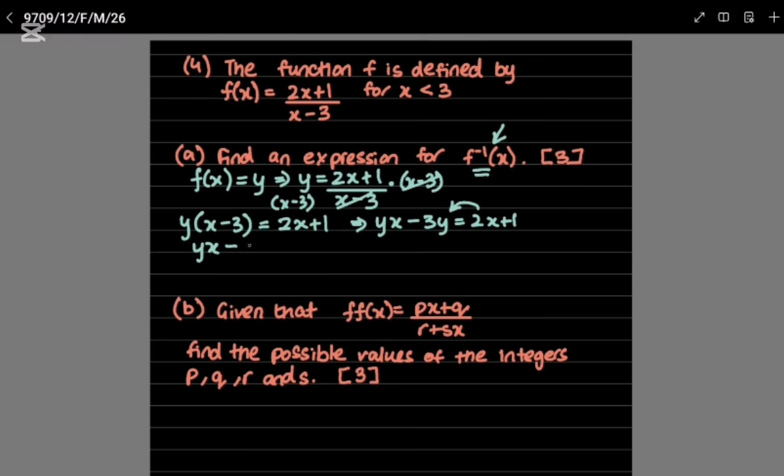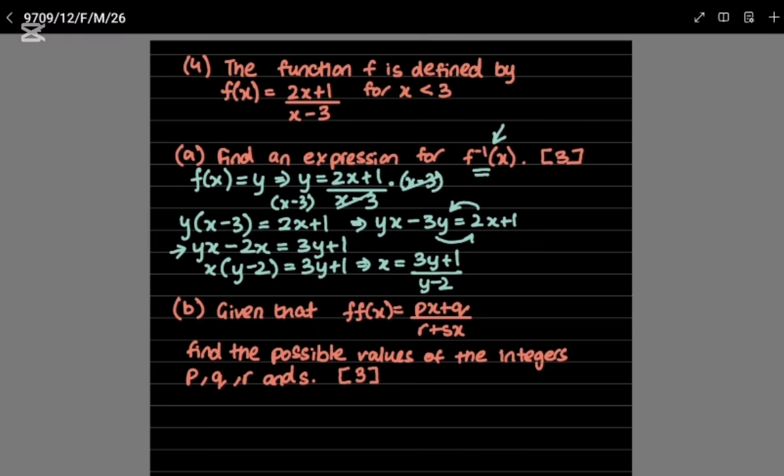Yx minus 2x is equal to, move this over there, so 3y plus 1. Now, why did we do that? Just so we can simply factor out the x over here. So x into y minus 2 is equal to 3y plus 1, which implies that x is equal to 3y plus 1 over y minus 2.